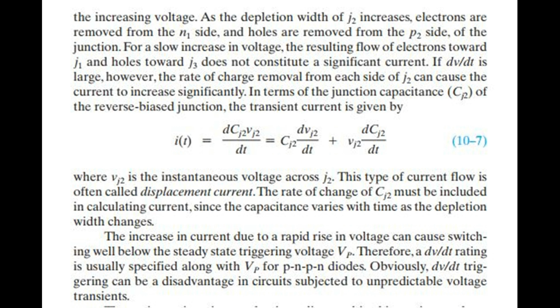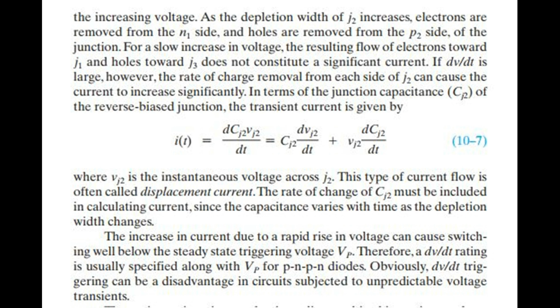In terms of the junction capacitance, Cj2, of the reverse biased junction, the transient current is given by where Vj2 is the instantaneous voltage across J2. This type of current flow is often called displacement current. The rate of change of Cj2 must be included in calculating current, since the capacitance varies with time as the depletion width changes.